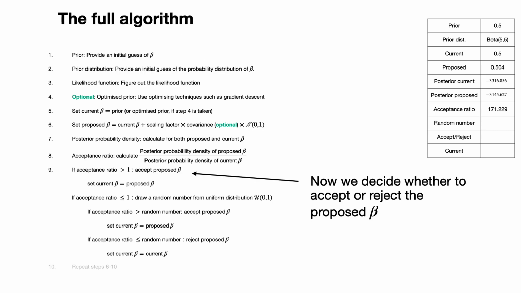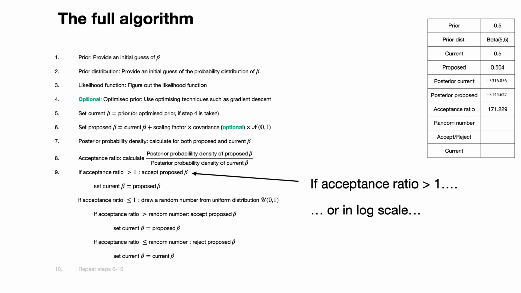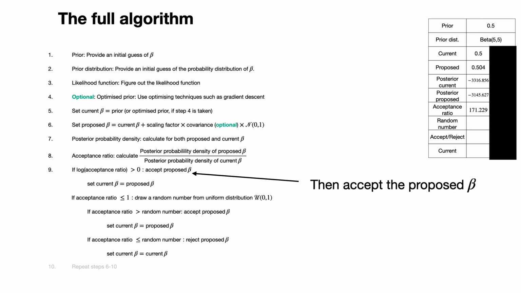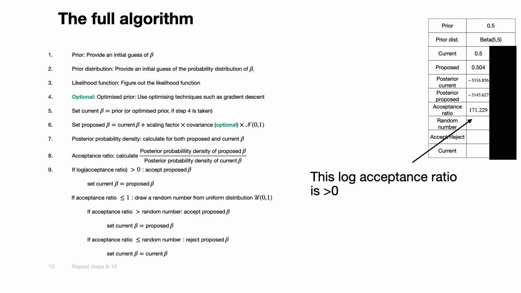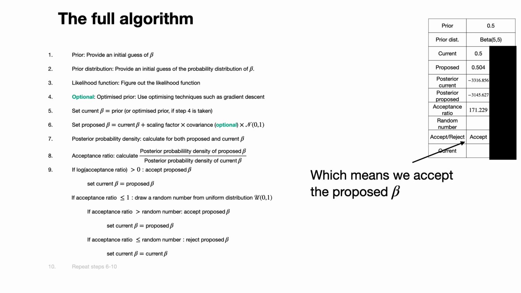Now decide whether to accept or reject the proposed beta. If acceptance ratio is larger than 1, or in log scale larger than 0, then accept the proposed beta and set the current beta to be the proposed beta. In our case, the log acceptance ratio is larger than 0, so we accept the proposed beta and we set the current beta to be the proposed beta.